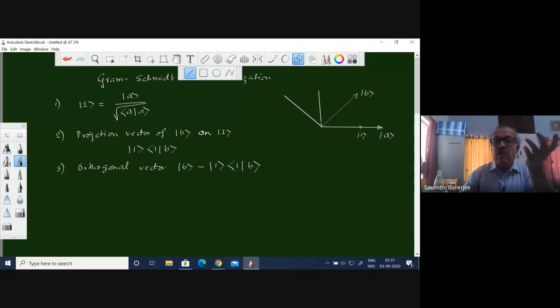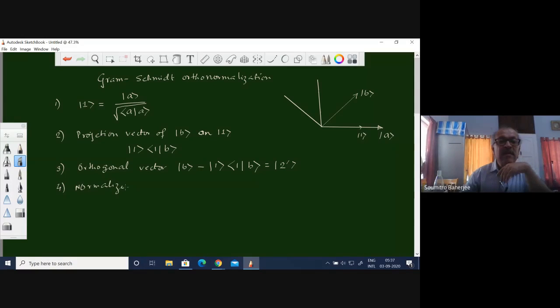But this is not normalized. So I'll just extend it a bit so that you know that it is not normalized. So we need to normalize this. Let's call this e2 prime because it is not yet normalized. And the fourth step is to normalize it. The normalization step is exactly the same.